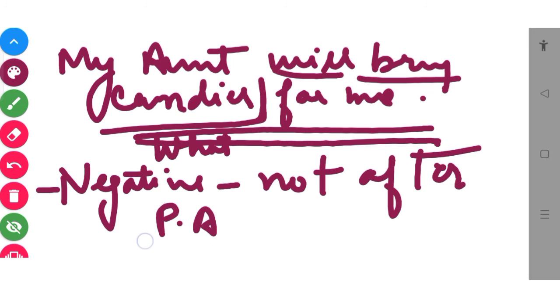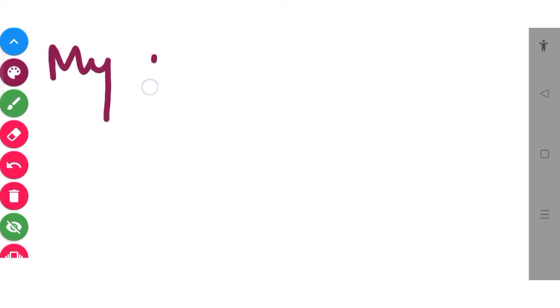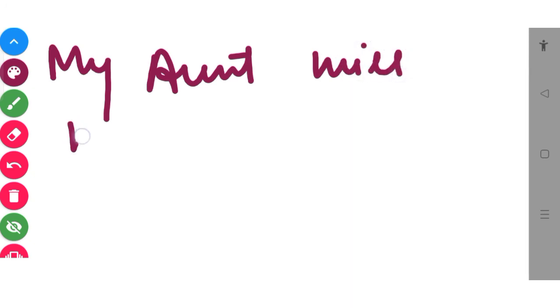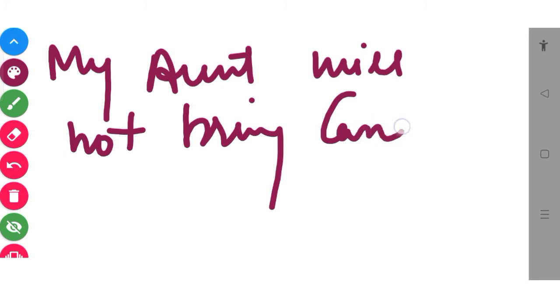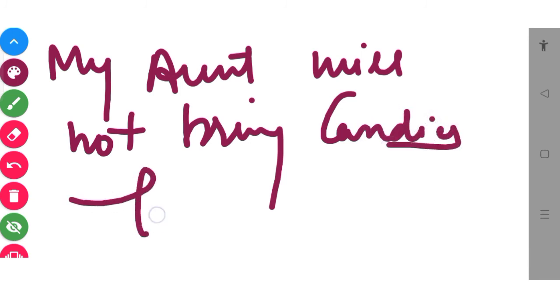As I mentioned, the primary auxiliary is the modal verb will and shall. Simply we have to place not after that one. That means my aunt will not bring candies for me. Okay, that is a negative statement.